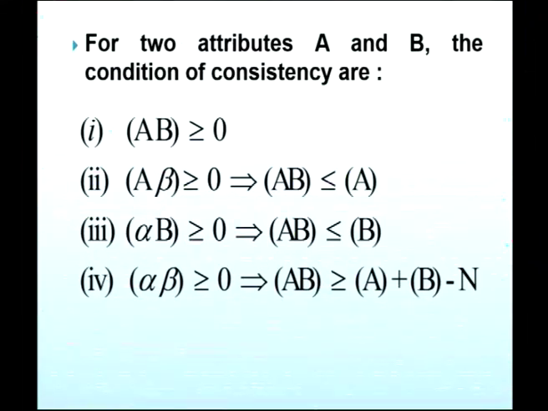So, A minus AB is greater than or equal to 0, or you can say AB is less than or equal to A. Alpha B is greater than or equal to 0 means B minus AB is greater than or equal to 0, or you can have AB is less than or equal to B. Alpha beta is greater than or equal to 0 implies AB is greater than or equal to A plus B minus n.